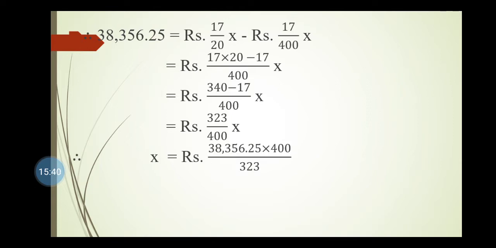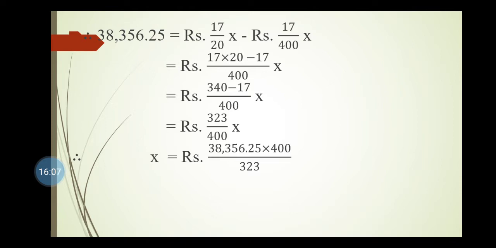That means 38,356.25 equals rupees 323 upon 400x. Now we have to find the value of x, so we have to transpose 323 upon 400 to the opposite side. When we transpose it, it becomes 400 upon 323.